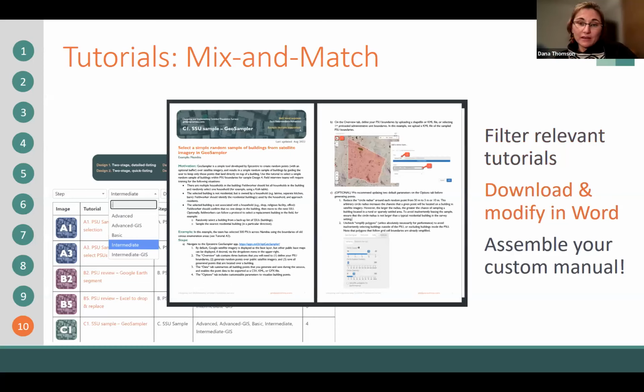They're available as a Word document, which means that you can edit them and compile them into your own bespoke customized manual, which we hope will be very helpful to you. And you'll see each of these tutorials starts with an example where you can follow through step by step a real survey that has actually been done, or something based on a real survey that's happened in the real world using a gridded population tool.